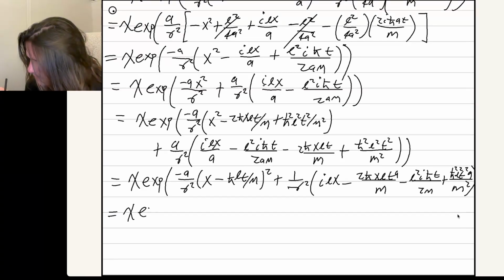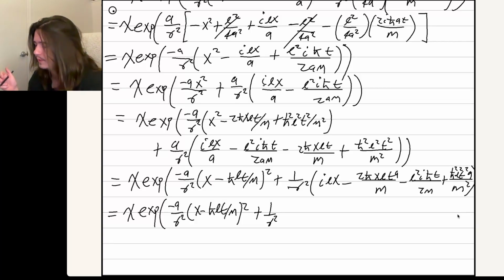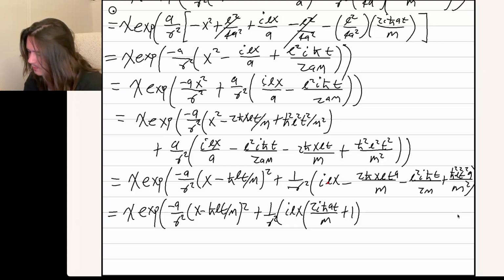Now, to simplify that last exponent, we have to do something that's absolutely insane. We're going to factor out gamma squared because we're going to have terms proportional to ilx times 2 ih bar at over m plus 1. You can kind of see that this is multiplied by 1 and you get this term, and then this is multiplied by this junk and you get this term. So yeah, that checks out.